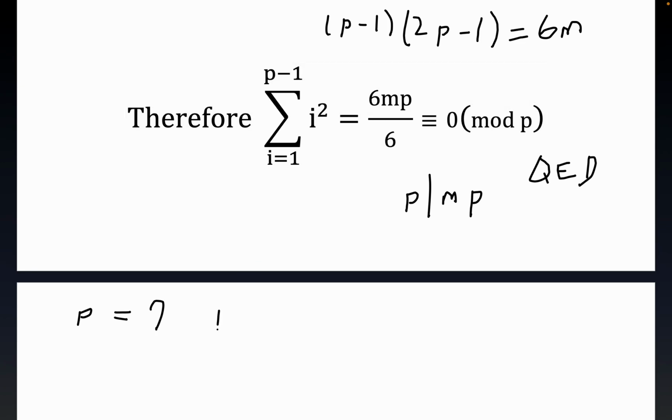We would get 1 squared plus 2 squared plus 3 squared, we're going to go all the way out to 6, plus 4 squared plus 5 squared plus 6 squared, 6 being 1 less than 7.